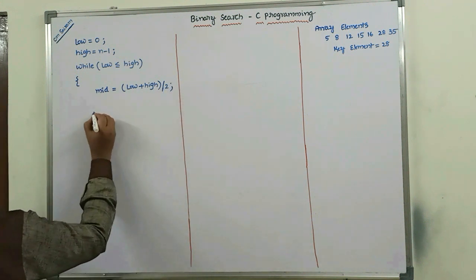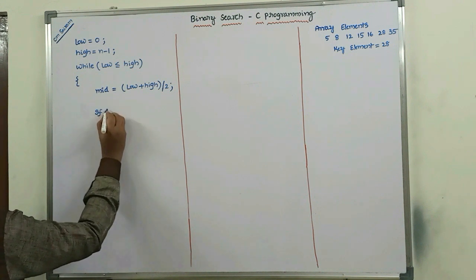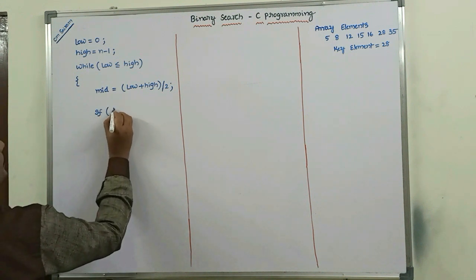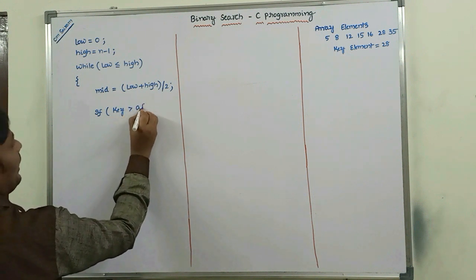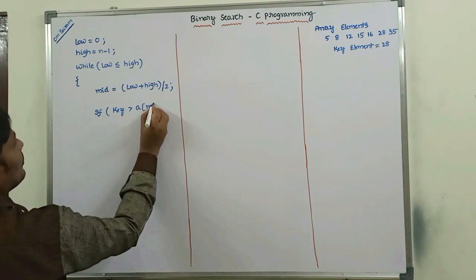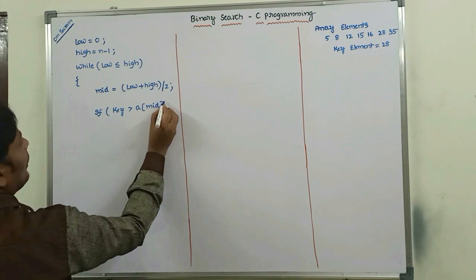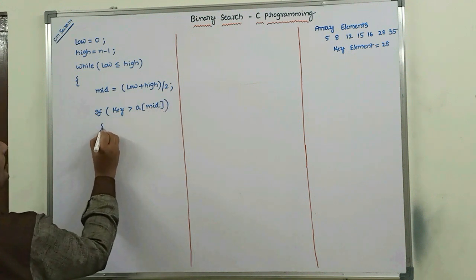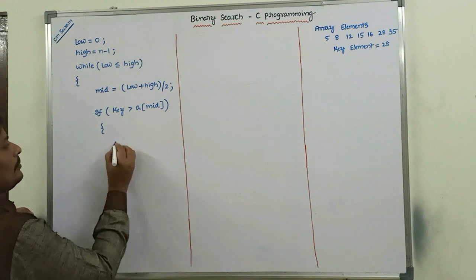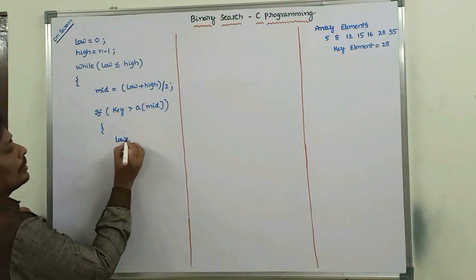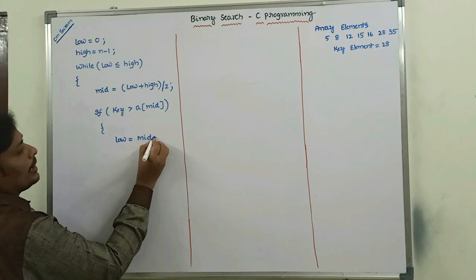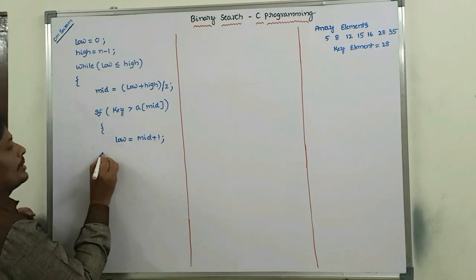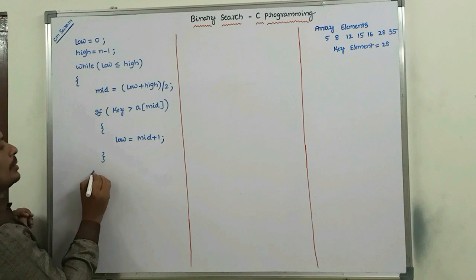If key value is greater than a[mid], then we can say that low is equal to mid plus 1. Low is equal to mid plus 1, semicolon, brace close.